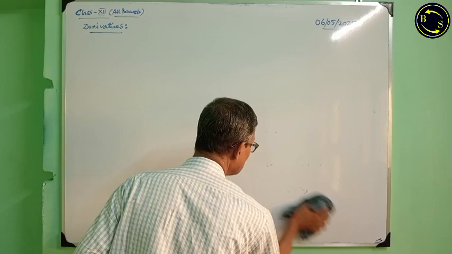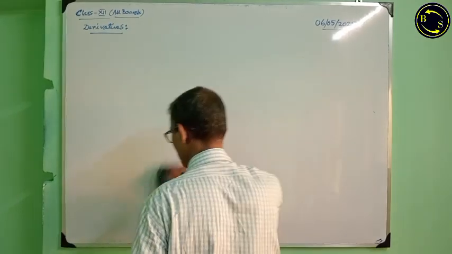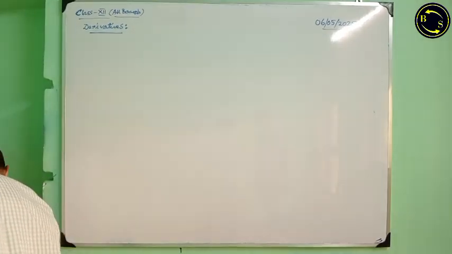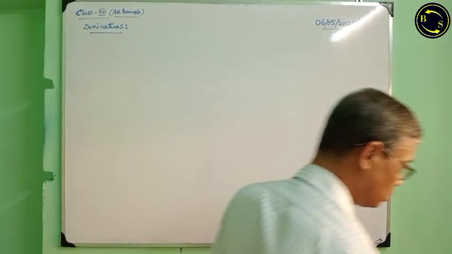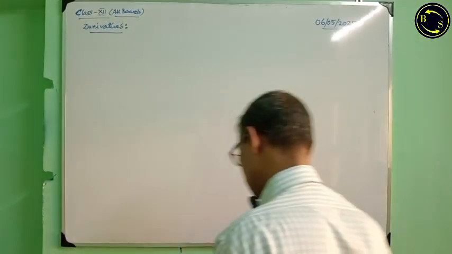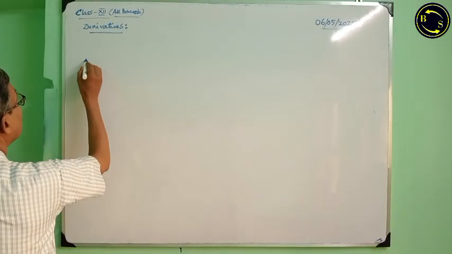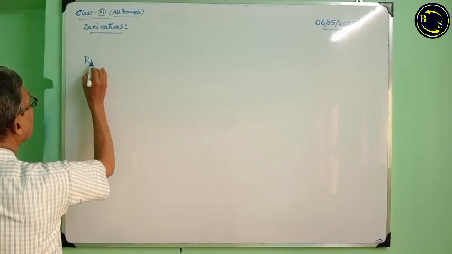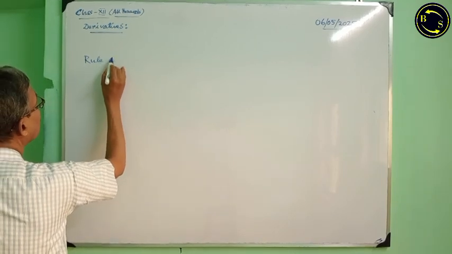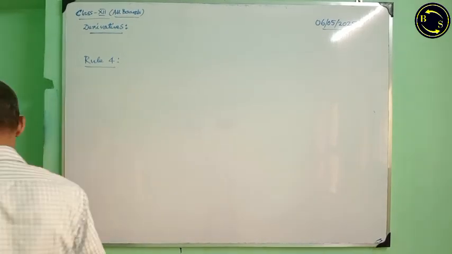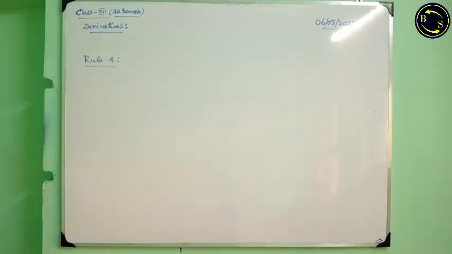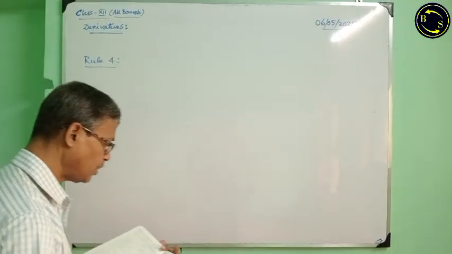Next rule, rule number 4. To find the derivative of inverse trigonometric function.